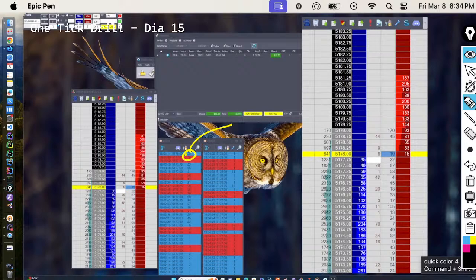So let's say that we want to enter with a market order. Let's try to buy, for example. Let's say the market is trading at 5178, this yellow thing you see here, 5178. And I decide that I want to be in a trade, so I want to buy. I want to enter immediately. I don't want to wait in the queue.